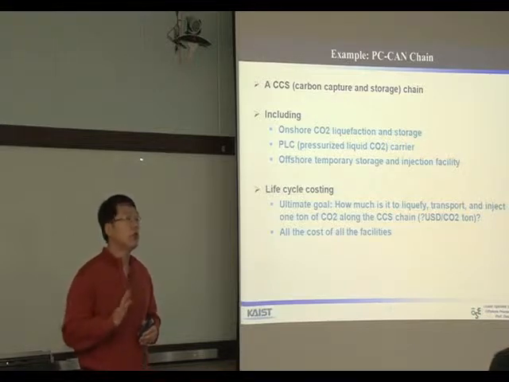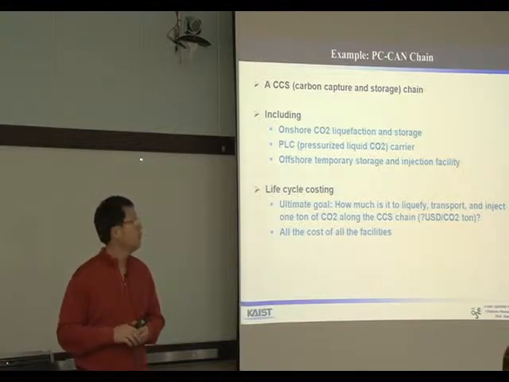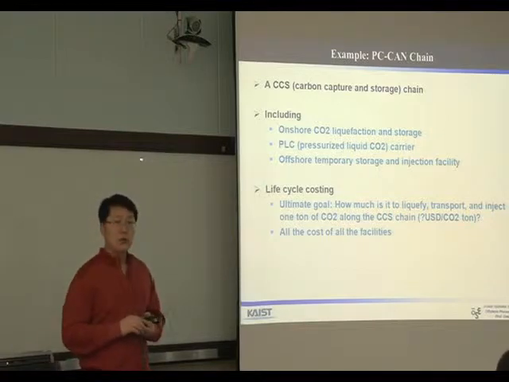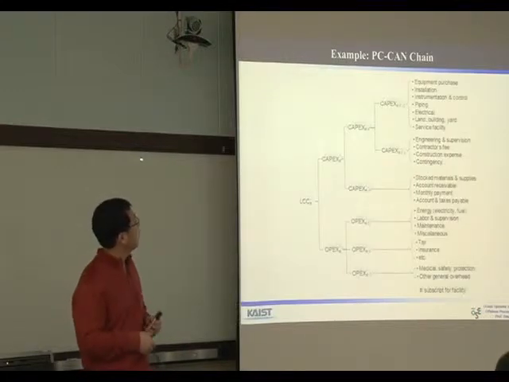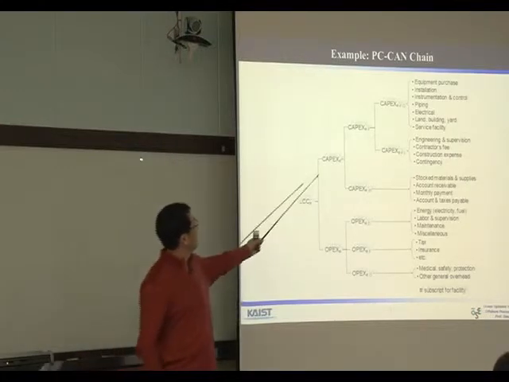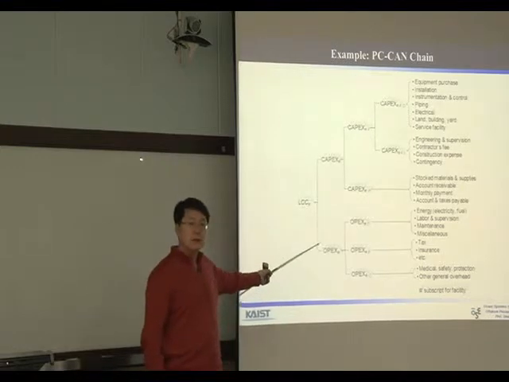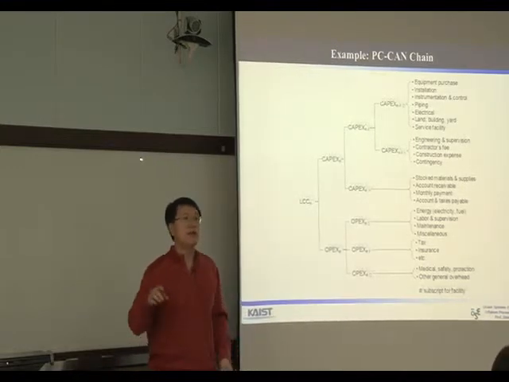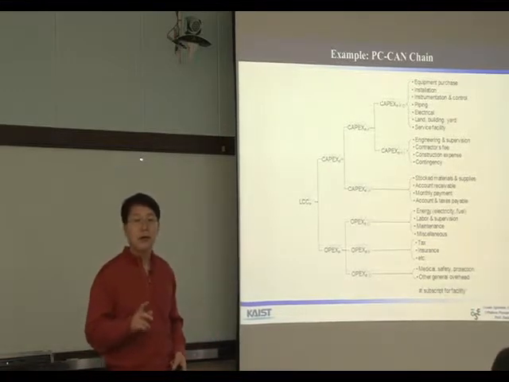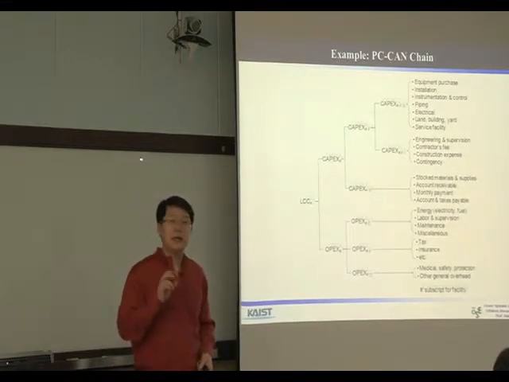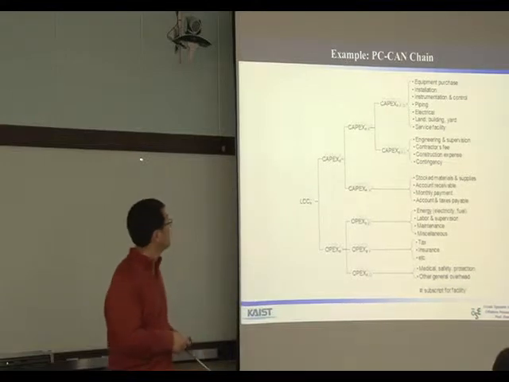This is the question they should answer. So what they should do is that they should estimate CAPEX and OPEX. That means they should design the facility and the carrier. So actually they did the design.